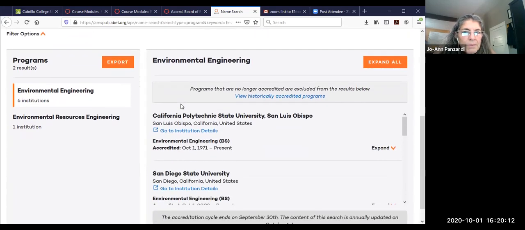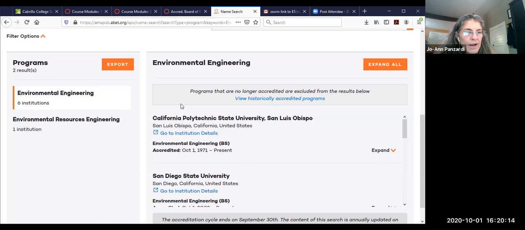So now we're going to be able to see which programs are accredited. And accreditation, you may have heard of that term before. ABET is an organization that has engineers and professors and deans, and they rate the programs at each of the universities and determine whether they should be ABET accredited or not.